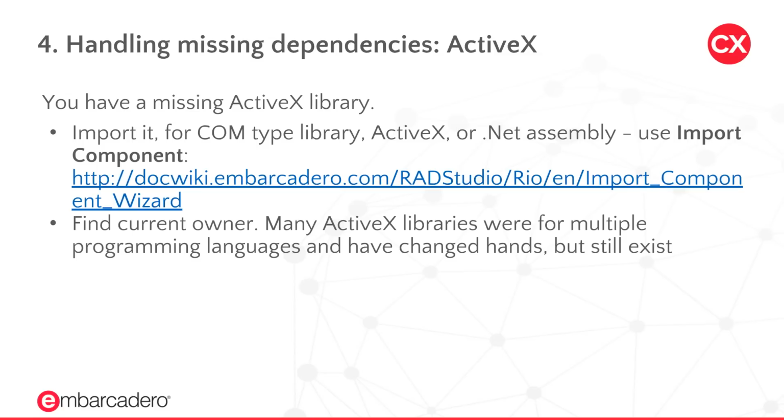So work on finding the current owner. Most likely they still exist and still have an up-to-date version. And then, of course, you can treat it like any other library. You might import it into RAD Studio, but then moving to it, again, it's likely that it has a fairly stable interface and that changing your code to use it is fairly straightforward.